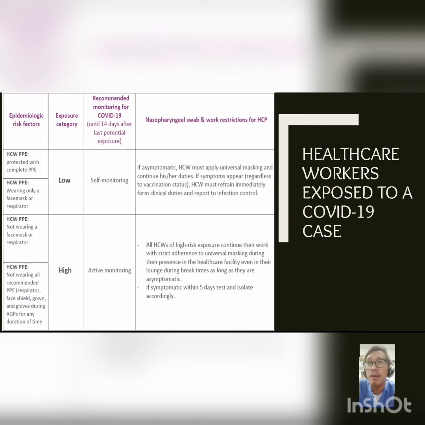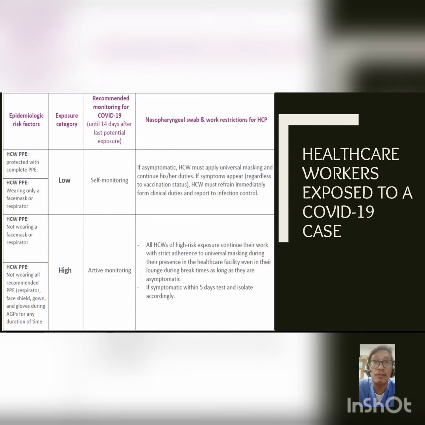Under your epidemiologic risk factors, for healthcare workers wearing PPE, protected with complete PPE, and wearing only face mask or respirator, this is considered as a low exposure category. The recommended monitoring for this one is self-monitoring, meaning to say healthcare workers will be the one who will monitor for their signs and symptoms, and they will just inform the assigned personnel if they develop signs and symptoms.